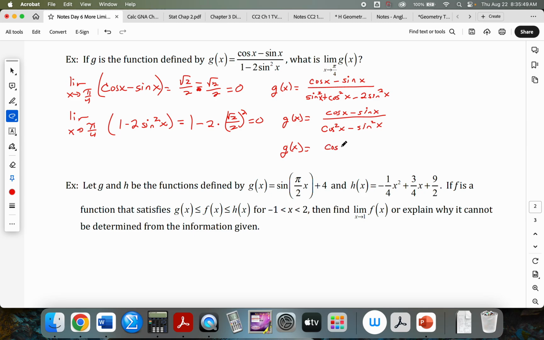That's going to be cosine x minus sine of x over cosine x minus sine of x times cosine of x plus sine of x. I will warn you about one thing. Do not cancel right now. Because if you cancel that, it's true everywhere except where sine and cosine are the same.